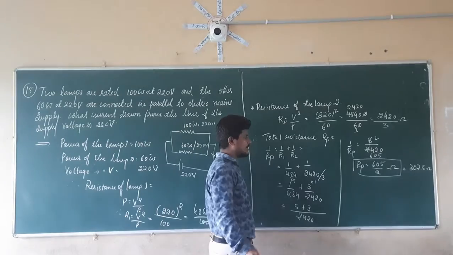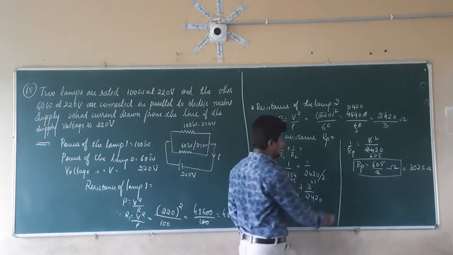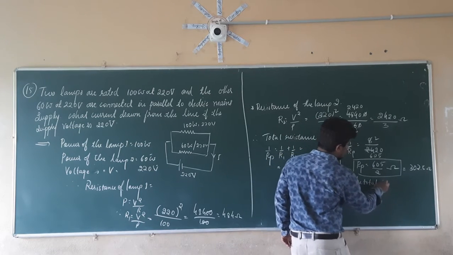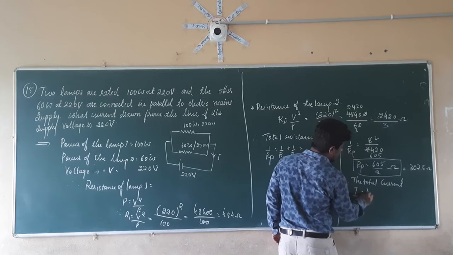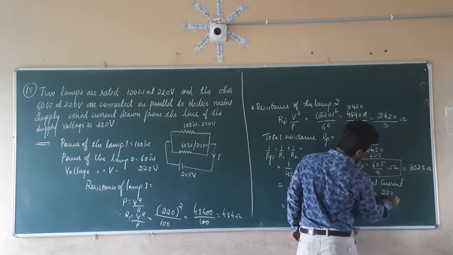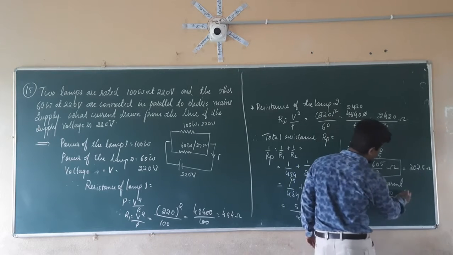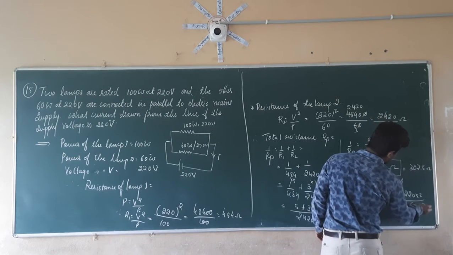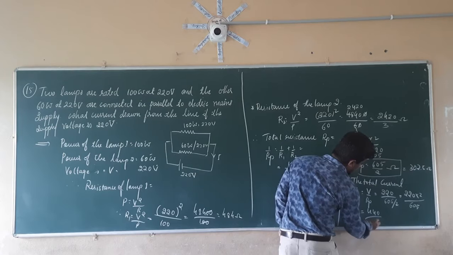Right. So what do we have to calculate? We have to calculate the total current flowing through that circuit. Therefore, the total current I is equal to, by Ohm's law, V divided by RP, which is 220 divided by 605 divided by 2, which is 220 into 2 divided by 605, which is 440 divided by 605.